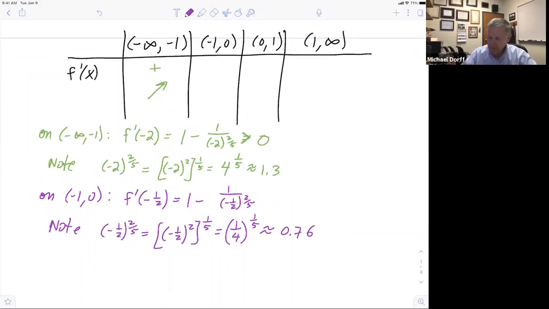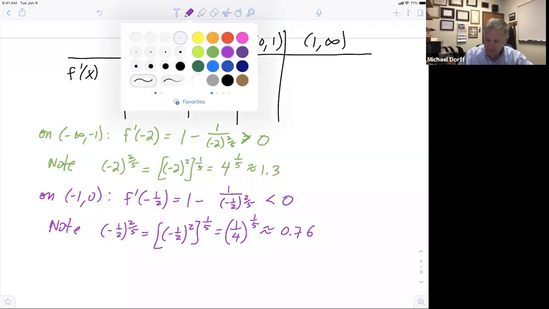So now if I plug that back into the original derivative I had here, I've got 1 minus 1 over something that's less than 1. So I'm going to have 1 minus something that's larger than 1, and so that's going to be negative. So this is going to be negative, and it's going to be decreasing.